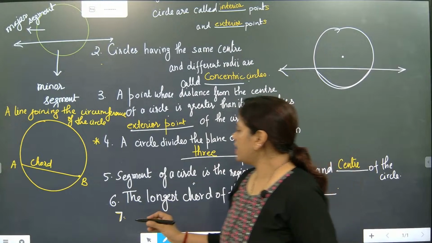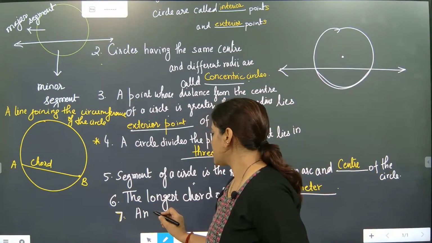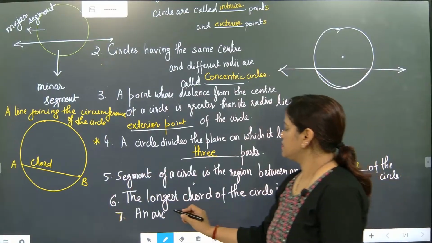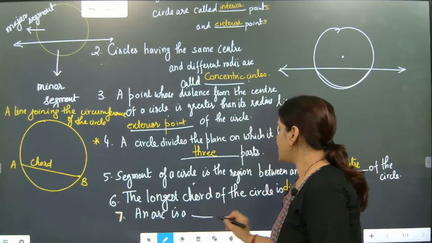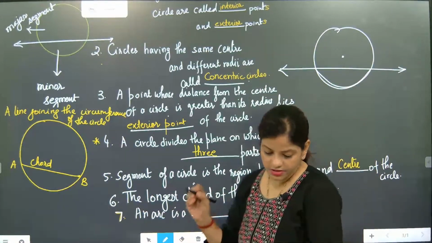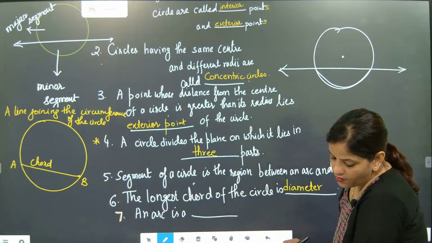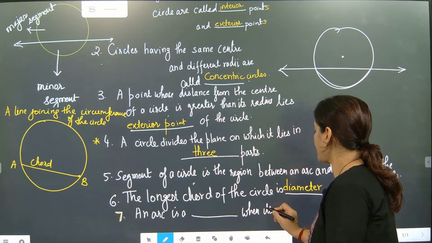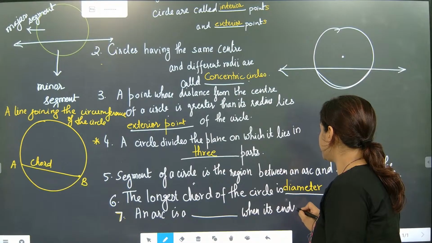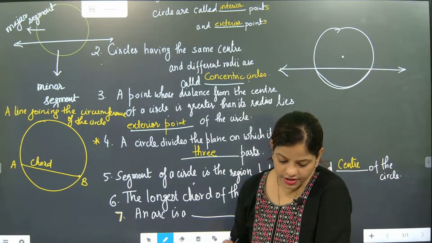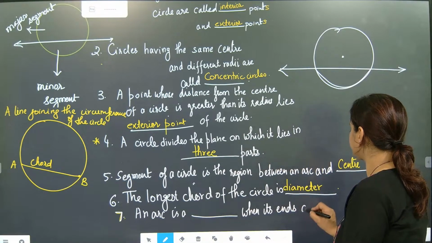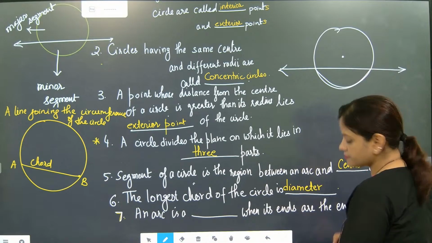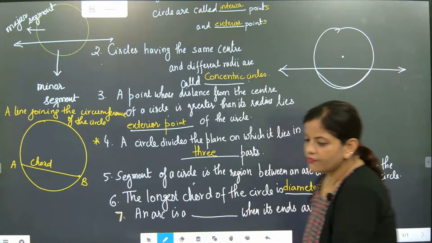Write: an arc is a dash when its ends are the ends of a diameter.